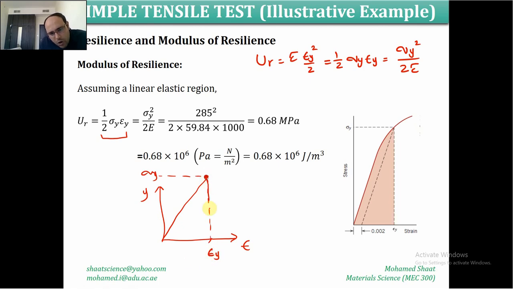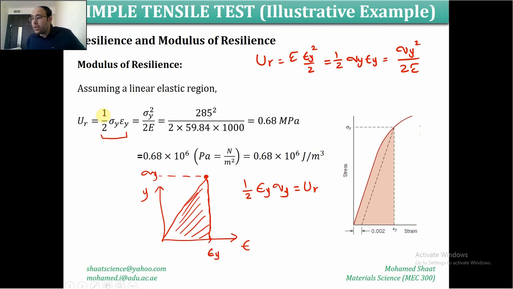So if we draw a triangle, this triangular area, and I ask you to calculate this area, how much is it? The area of any triangular shape should be equal to half the base, which is epsilon y, times the height, which is sigma y. Very simple, right? Which gives us the modulus of resilience as already defined here.